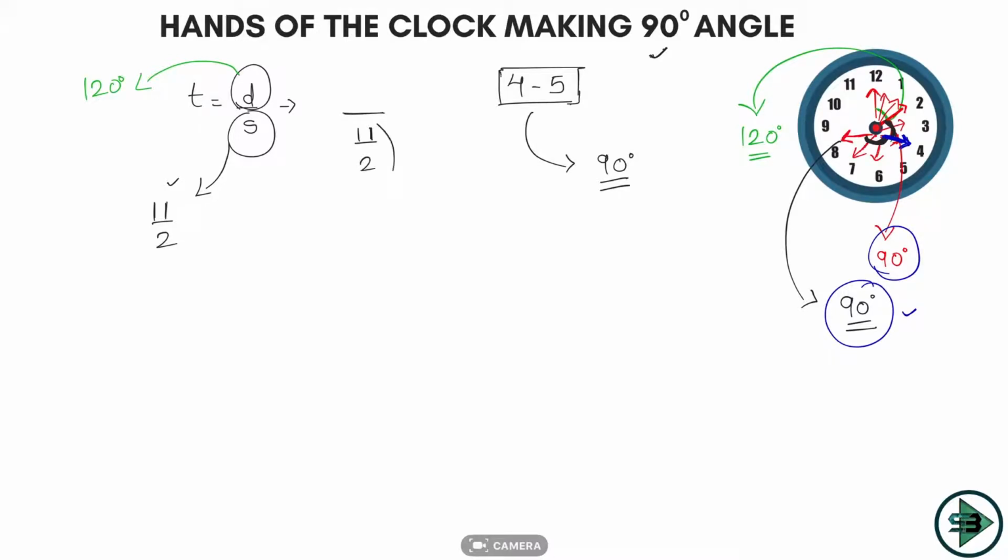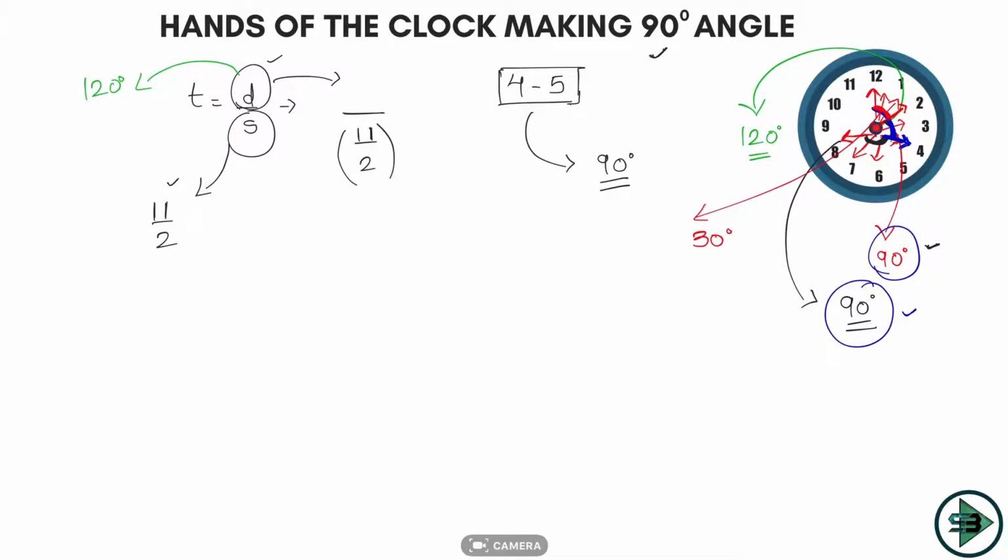But now I need to see the distance. What is the distance traveled by the minute hand to make the angle of 90 degrees for the first time? Earlier it traveled 120 for coincide. Now it is traveling only this much distance, this red part. What is this distance? This is nothing but 30 degrees.